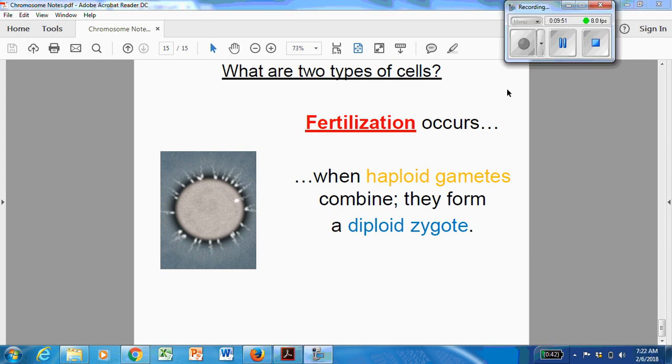And those that don't, which would be 44, determine all your other traits. Those are called autosomes, not AutoZone, like the car store, but autosome. And then the remaining two determine your gender. Those are called your gender chromosomes.